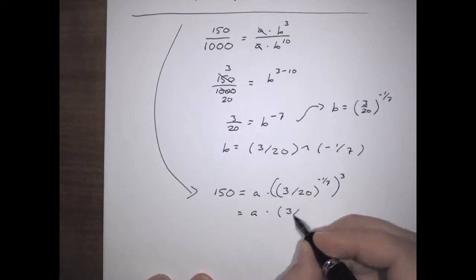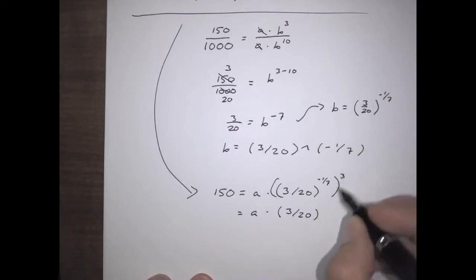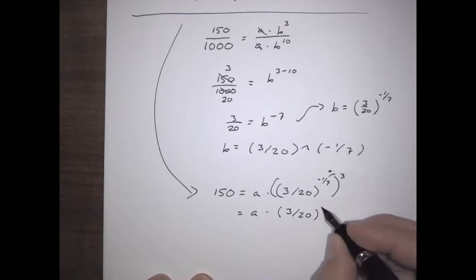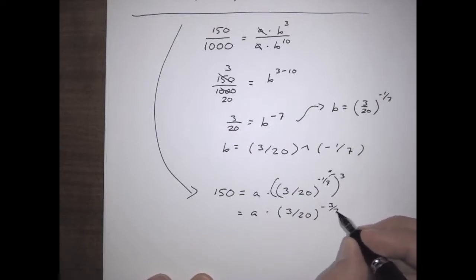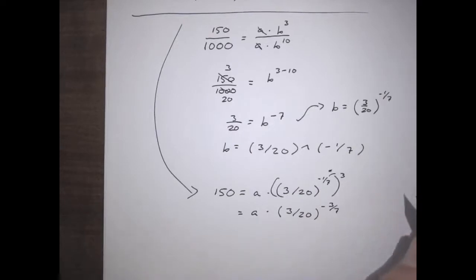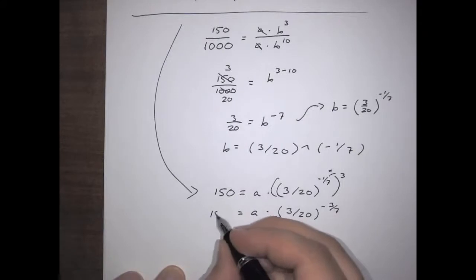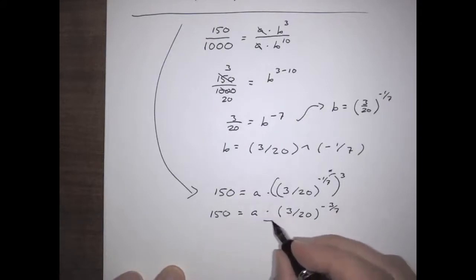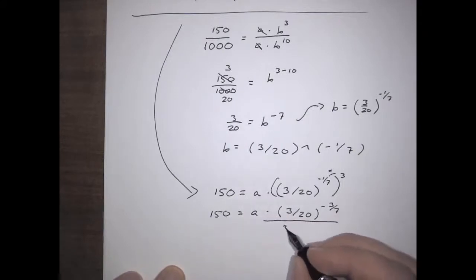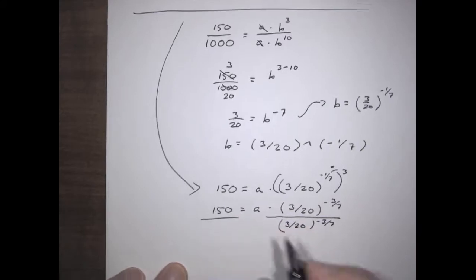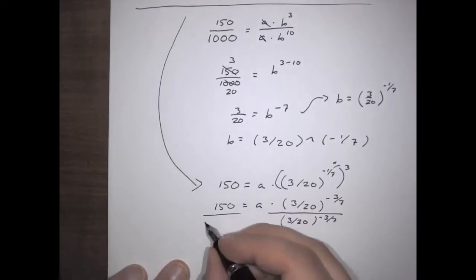You don't need to always make it the best it can be, but you might as well turn that into a product. So 3 times negative 1/7 is going to be negative 3/7. Negative 3/7, and divided by over here as well.